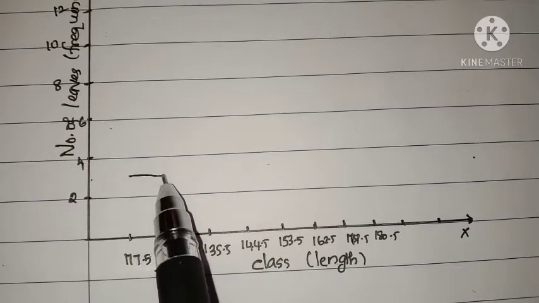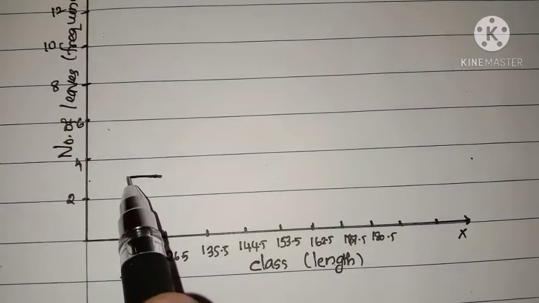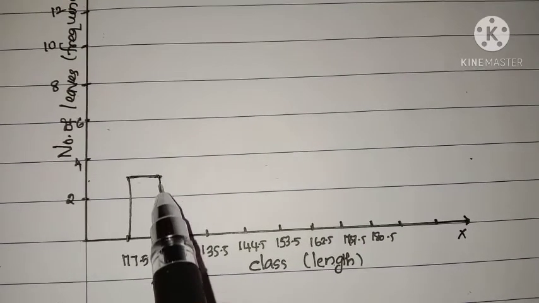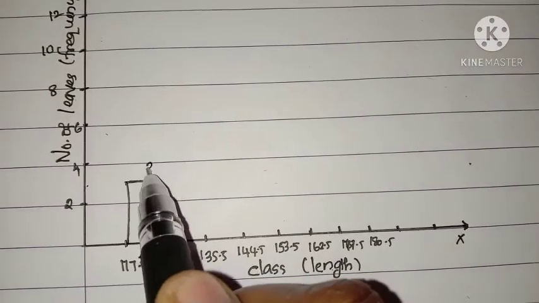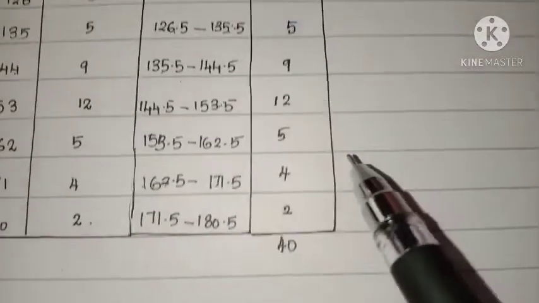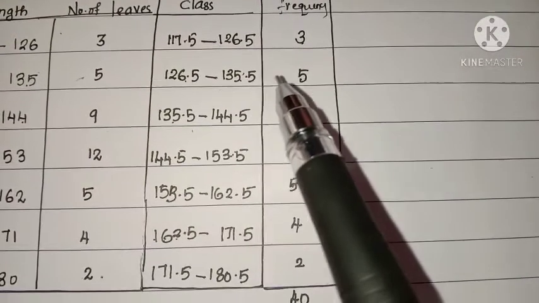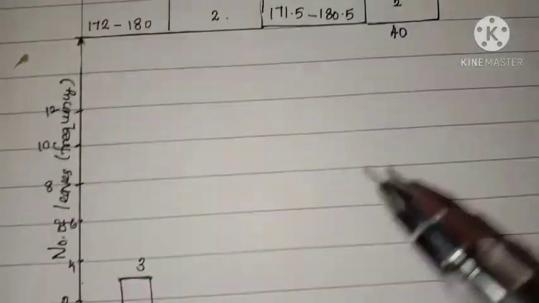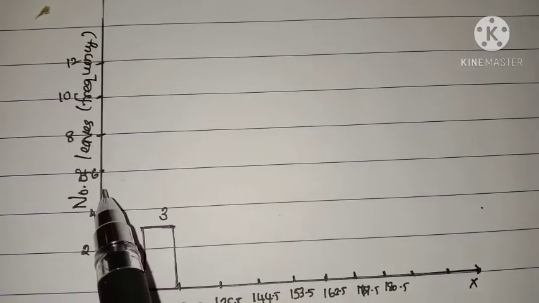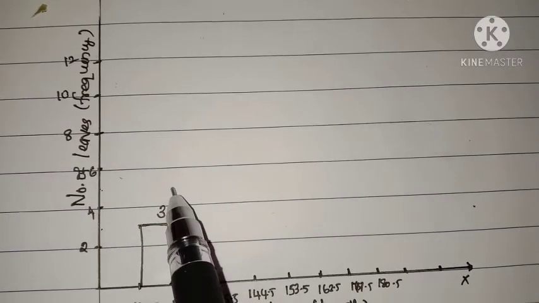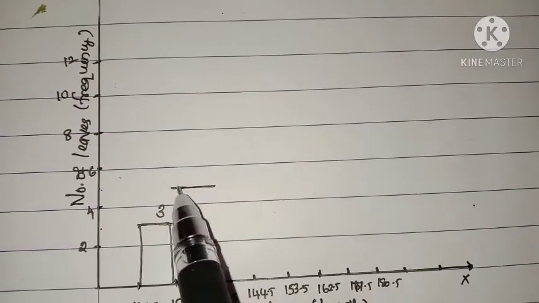So this is the height of the class. Now next class is 126.5 to 135.5. Its height is 5. So 5 is half of 4 and 6. So this is the height.